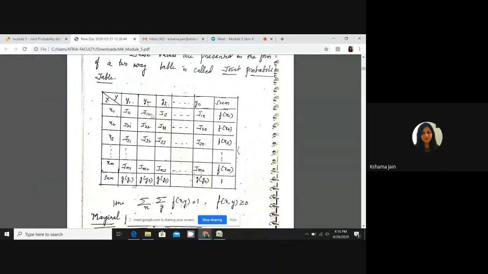J12 is the joint probability of X1 corresponding to Y2. J13, X1 corresponding to Y3. Like this. These suffixes 1,1, 1,2, 1,3 are nothing, just the cell location: first row first column, first row second column, first row third column, first row n-th column, third row first column, third row second column. Just to represent the location.